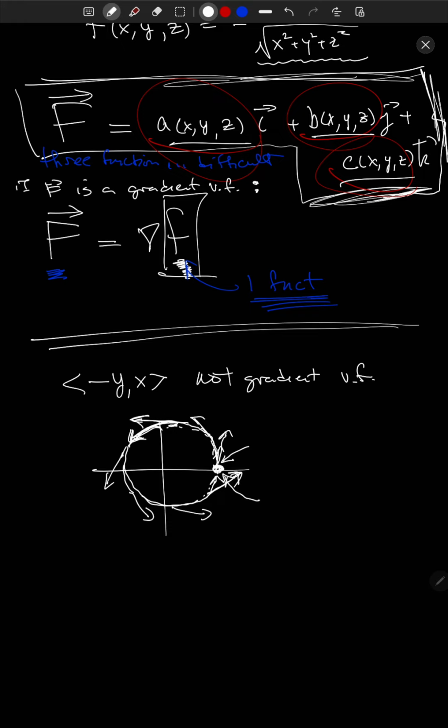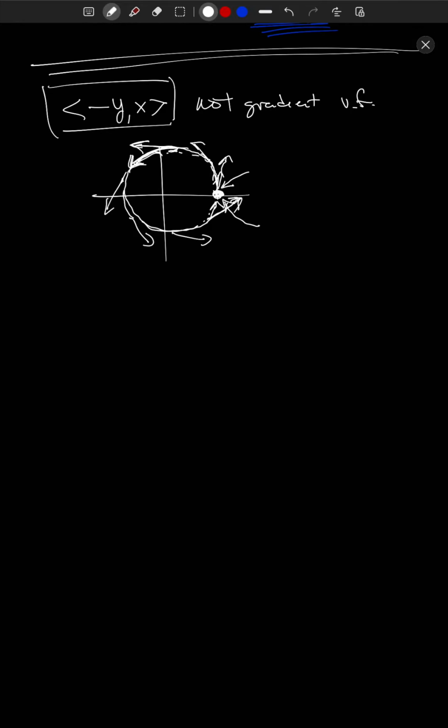All right. So you obviously can't have that, because that means that this point right there has two values. And in fact, it has more than two values, because if you go around again, you're going to get an even bigger value. So that means that this cannot be the gradient of a function. And so there are indeed vector fields which are somewhat unpleasant to work with. All right. In the near future, we're going to be trying to figure out how to determine whether a vector field is a gradient vector field or not.